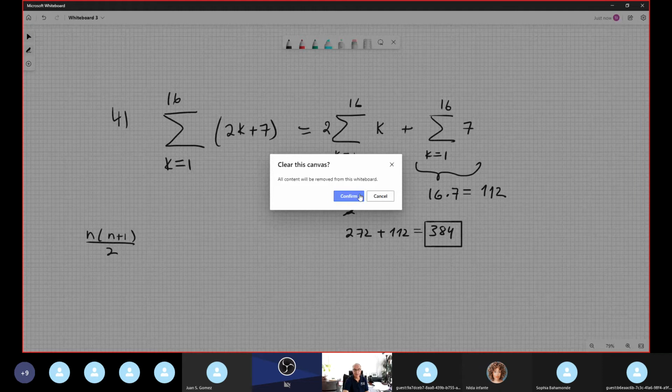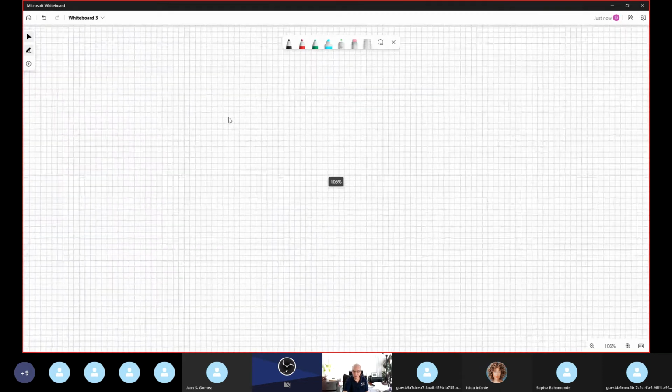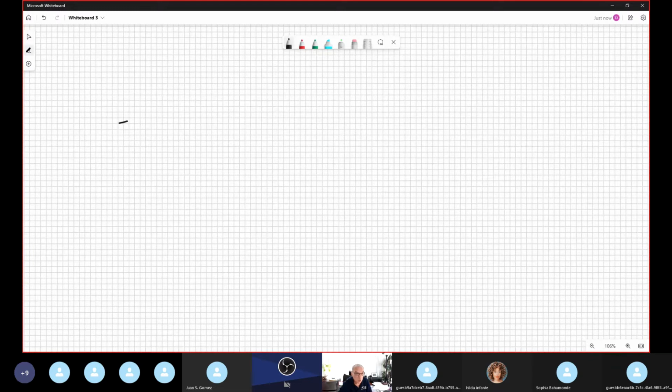Okay, number 5. Number 5 is a little bit more complicated because we have summation notation again, but starting at 3. And remember, we have no formula for 3. We have only formula for 1. It's k squared minus 10.